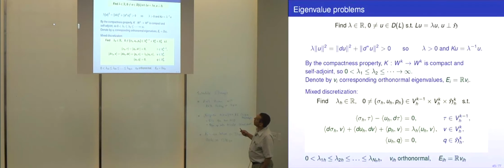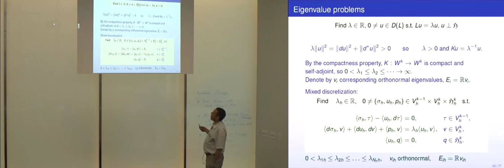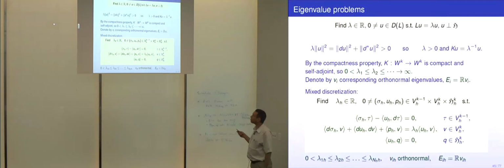For the non-zero eigenvalues, since I got rid of the others, we can invert L and invert lambda and write it as Ku equals lambda inverse u. So the eigenvalues for L are the same as the eigenvalues for K, except they're the inverses.